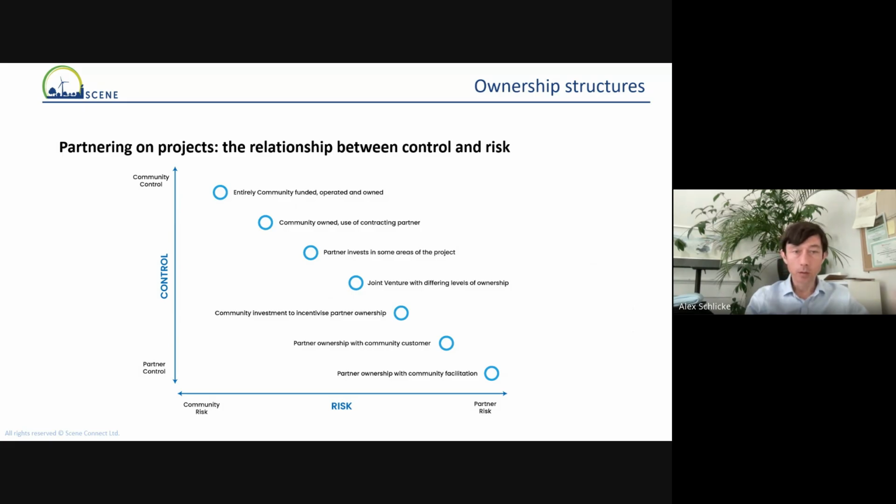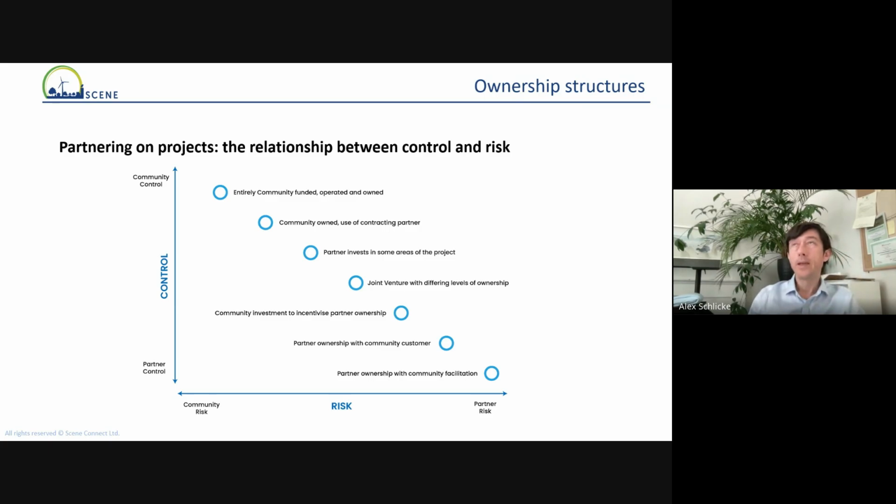At the far left, you've got total control, but all the risks sitting with you. And at the other end, you have the partner taking on all the risk, but with that, you have very limited control.